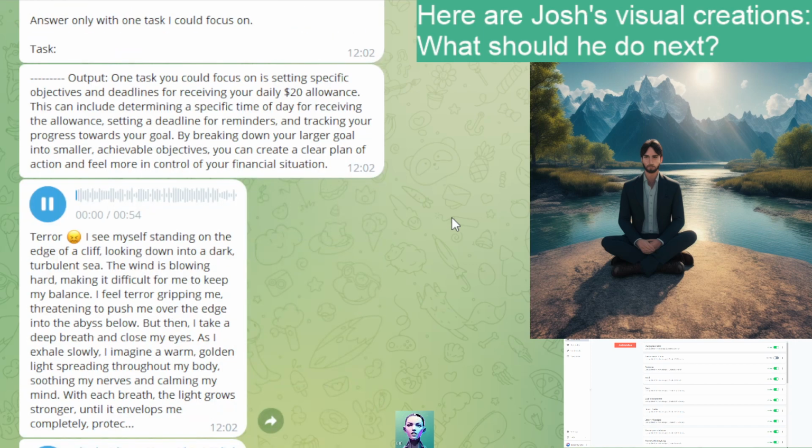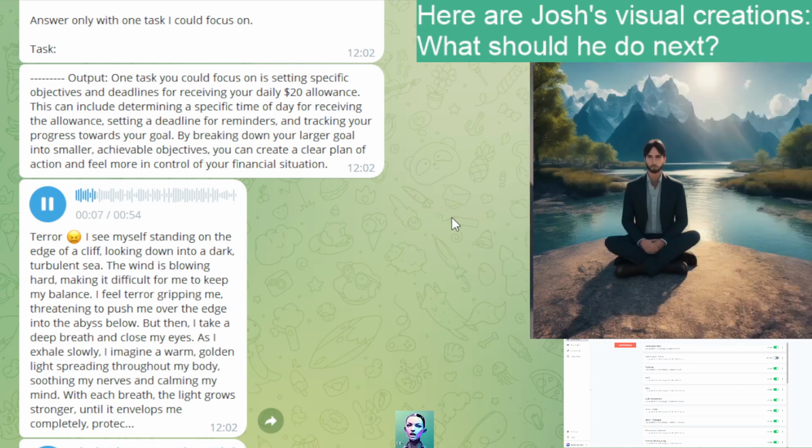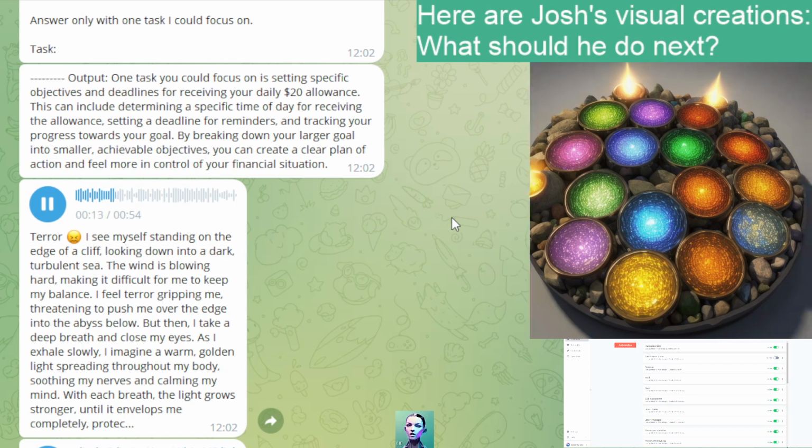I see myself standing on the edge of a cliff, looking down into a dark, turbulent sea. The wind is blowing hard, making it difficult for me to keep my balance. I feel terror gripping me, threatening to push me over the edge into the abyss below. But then, I take a deep breath and close my eyes.